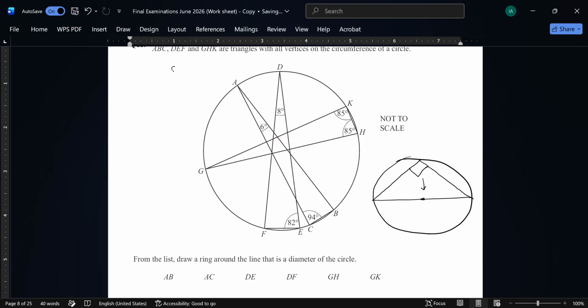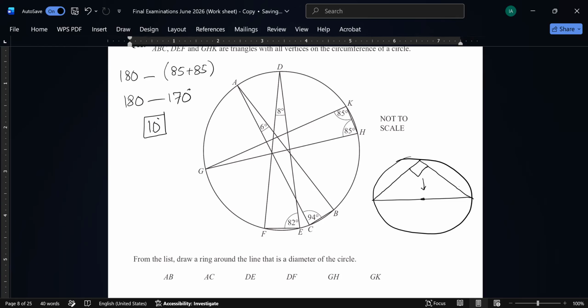If I add 85 with 85 and subtract from 180, I will get the third angle of the triangle. The third angle is 10 degrees.